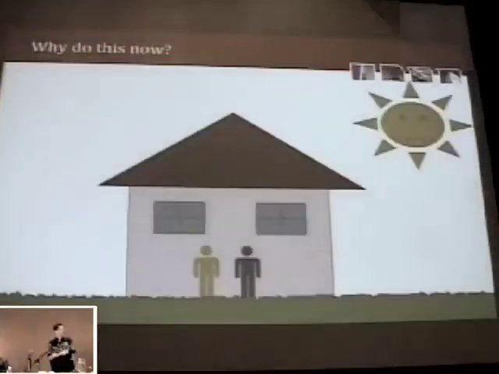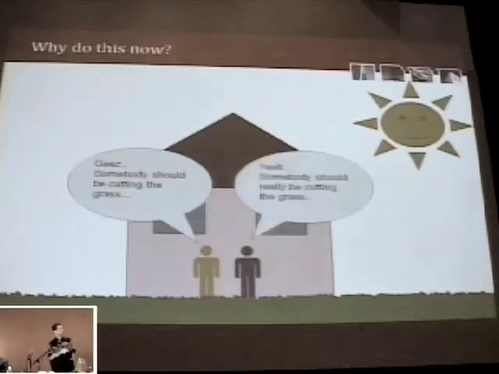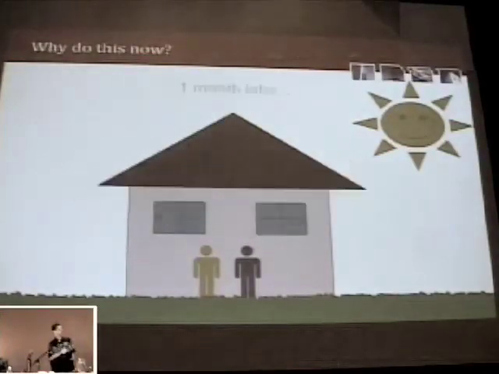So why do this now? Well, imagine two guys sitting in their backyard. They're talking to each other. Geez, somebody should be cutting the grass. Yeah, somebody should really be cutting the grass.